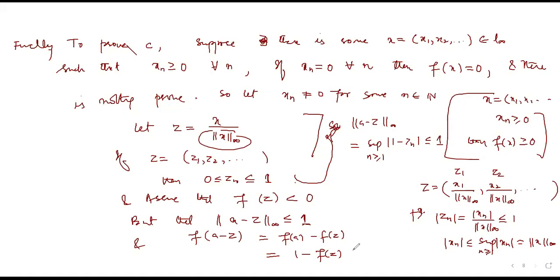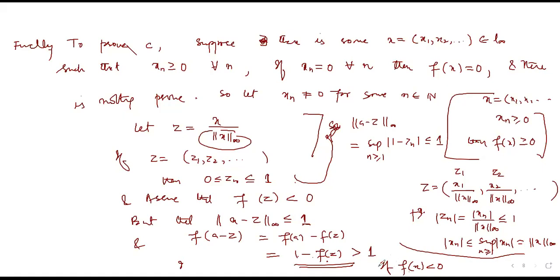Now this would be greater than 1 if f of x is negative. If f of x is negative then f of z is negative, so in 1 minus f of z you are subtracting a negative number, which means you are adding a positive number, therefore this thing would be greater than 1.